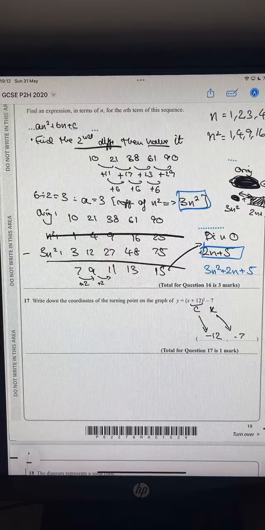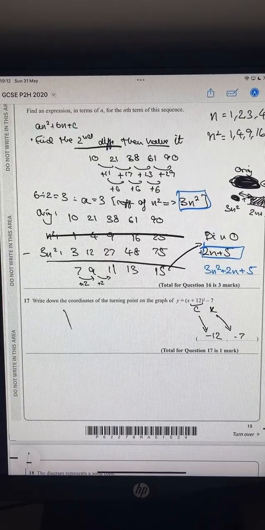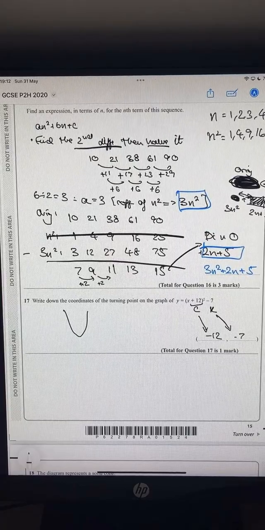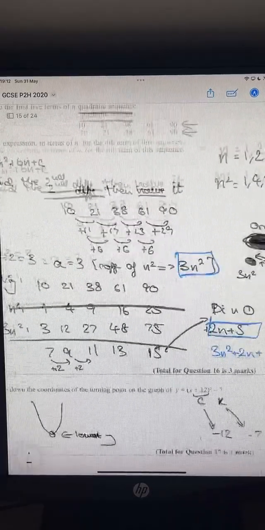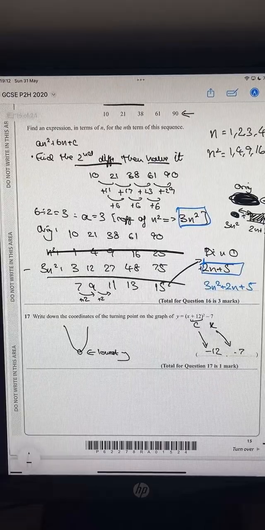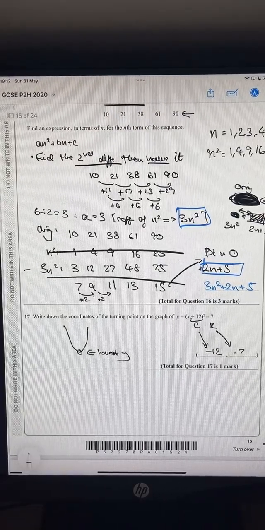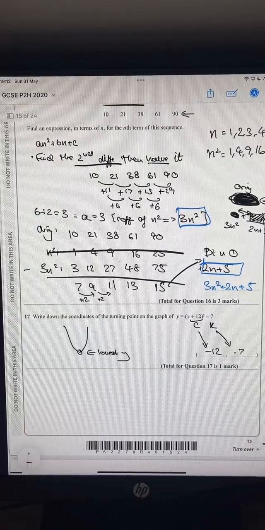If you want to understand why it's that, well, this is a positive quadratic, so your graph is a happy face, and then your turning point is like there. So that is your lowest y. How am I going to make my y lowest? Well, I've got an equation for y, which is this thing here. To make this really small, the only thing I could do is change my x. So this could be 0 as my smallest.